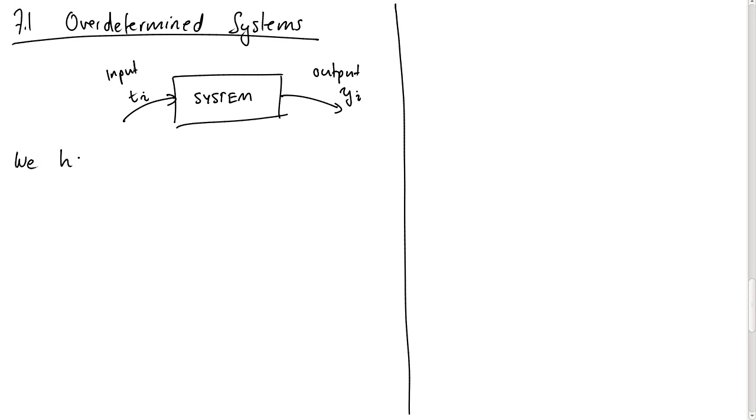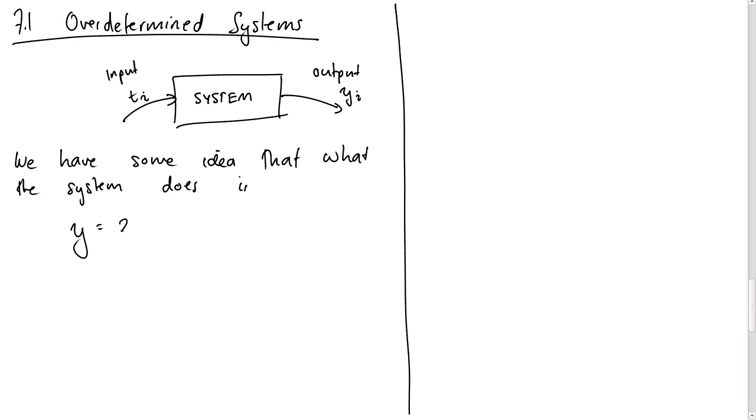And let's say we have some idea, from the context of the problem, that what the system is doing is something like this: y equals x1 plus x2 sine t plus x3 cosine t.